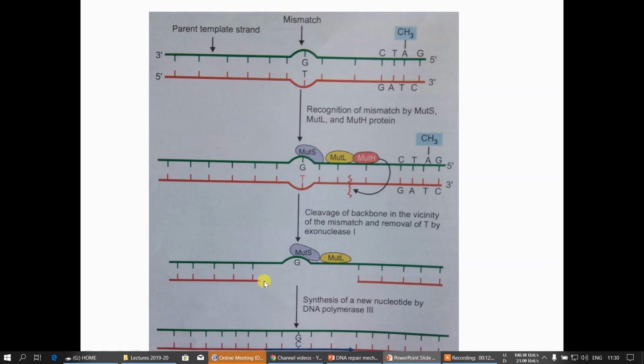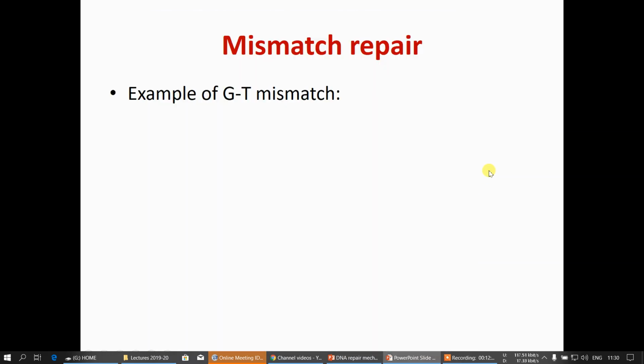So now a gap occurs, and this gap is filled by the DNA polymerase enzyme from 5 prime to 3 prime direction, and whatever nick is present is sealed by the DNA ligase enzyme.